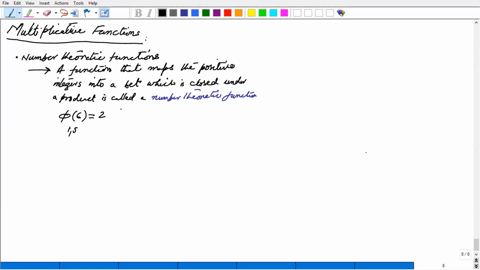Okay, so these number theoretic functions are of two types. Or we usually consider two types of number theoretic function. One is multiplicative functions.